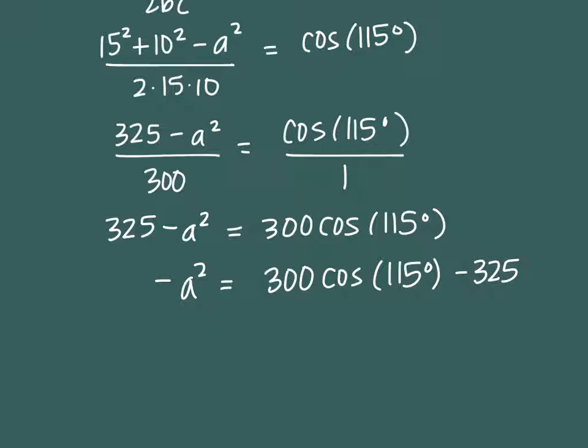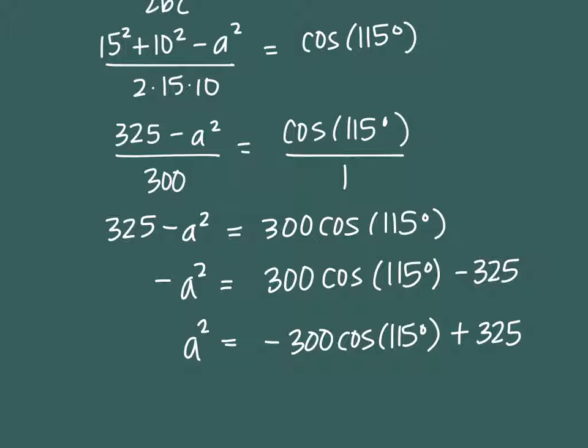Okay, I'm trying to get this by itself, so what do I do next? Can't square root when a problem has a negative in front of it. So I got to divide by -1 first, so then I'll be able to do a square root. When I divide by -1, the 300 becomes the negative part, and the 325 becomes positive.